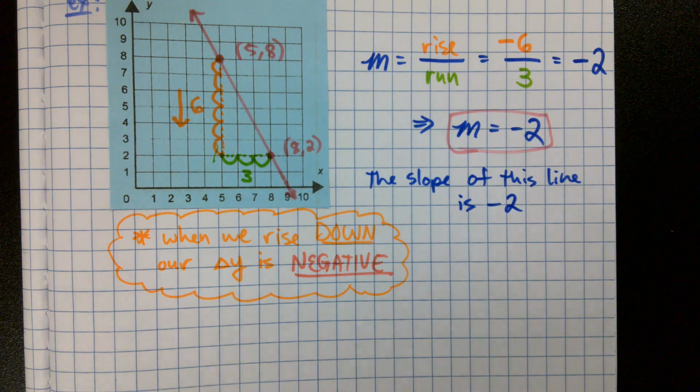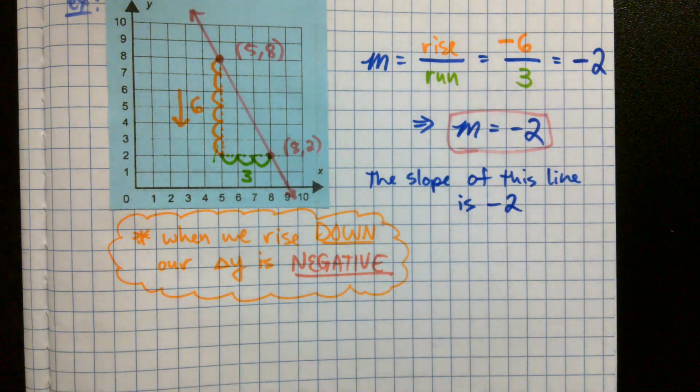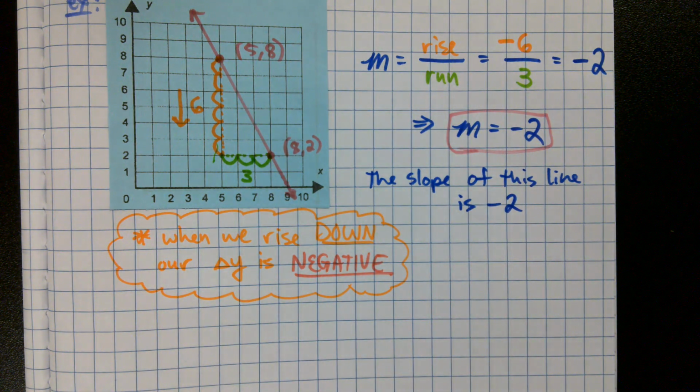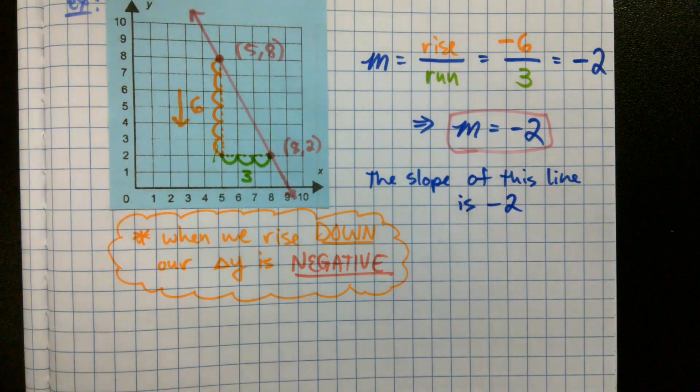Does that negative slope make a little sense? Yeah. So we're not going to have to write this down just yet. I think we'll add it in tomorrow. But I want to show you an easy way to remember or to tell whether we have a positive slope or a negative slope.